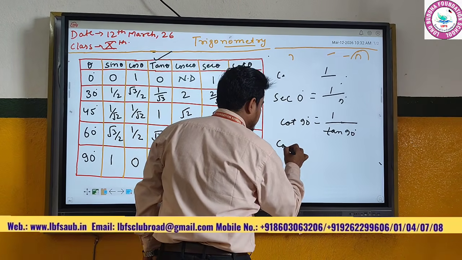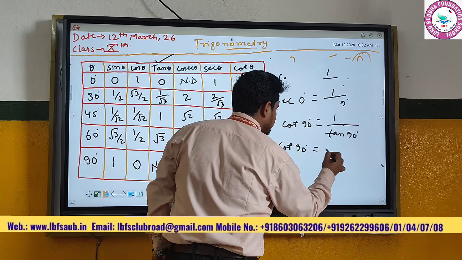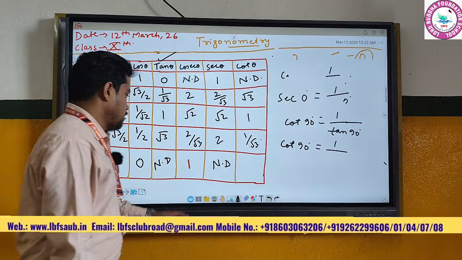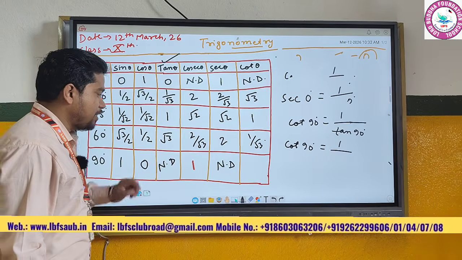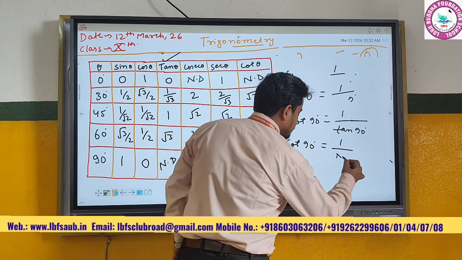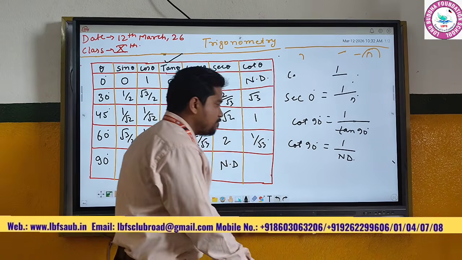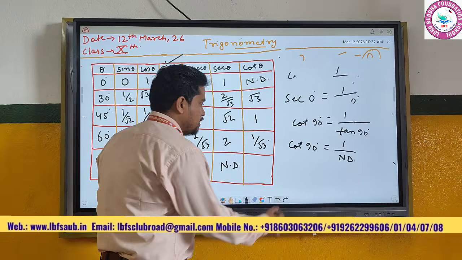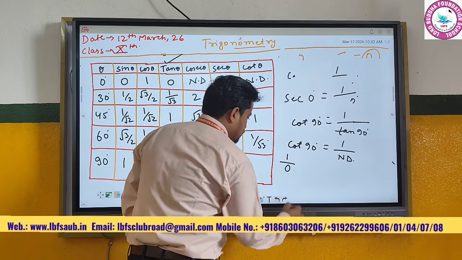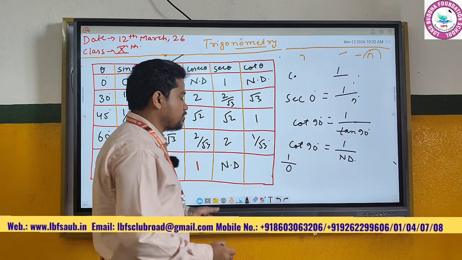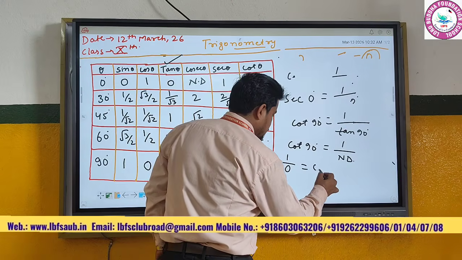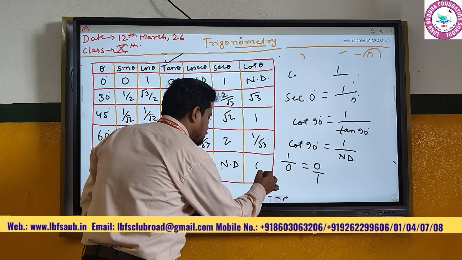So the value of cot 90 will be equal to 1 upon the value of tan 90, which is not defined. What is the meaning of not defined? Which means some number upon 0. So we can write it as the inverse of tan 90 is 0 upon 1. So we can write it as 0.